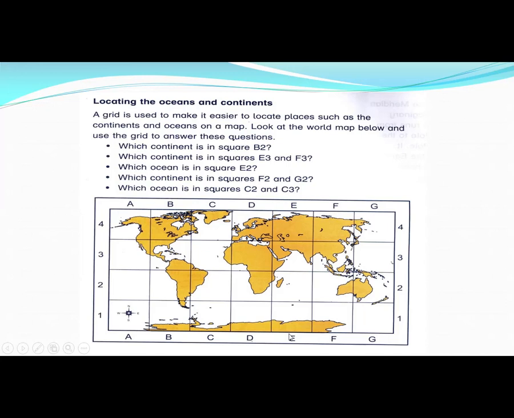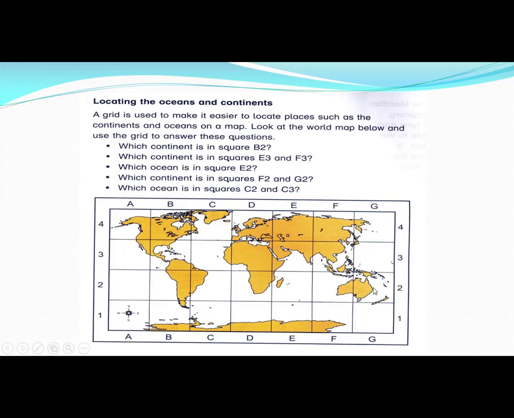Here the grid is given. It's a very interesting one. It is like a graph. This grid from the upper, you can name it A, and here 4. This one will be called B4, C4, D4, E4, F4 and G4. This grid will be called G3.